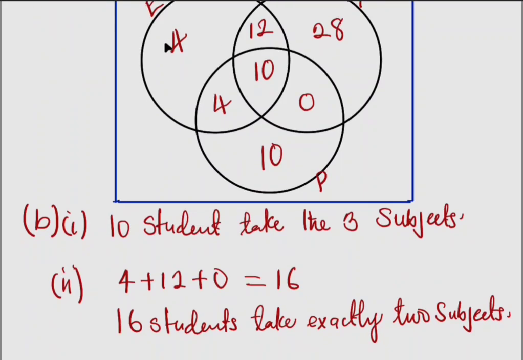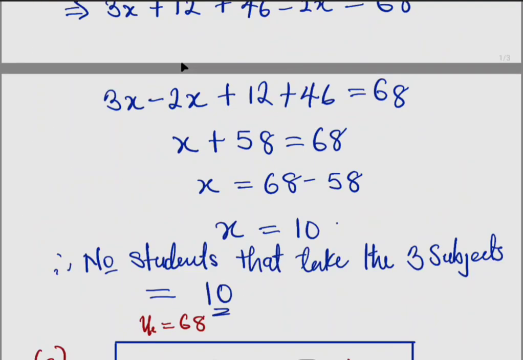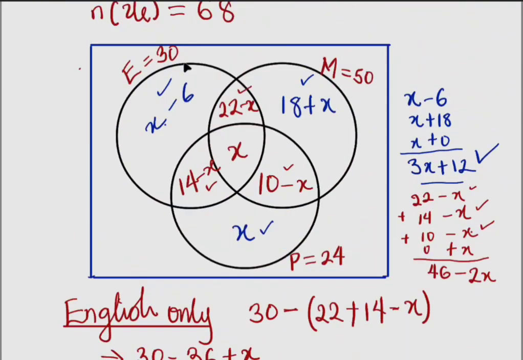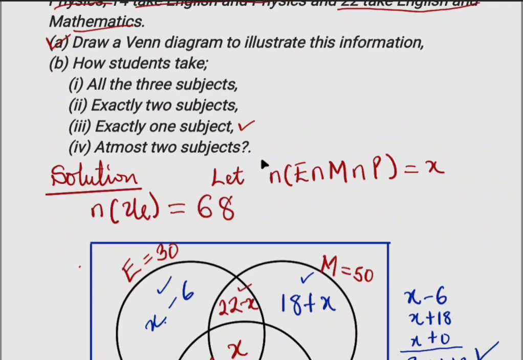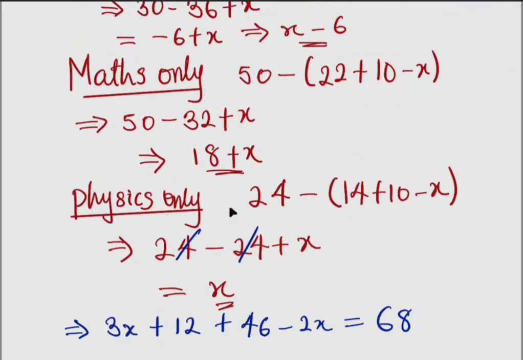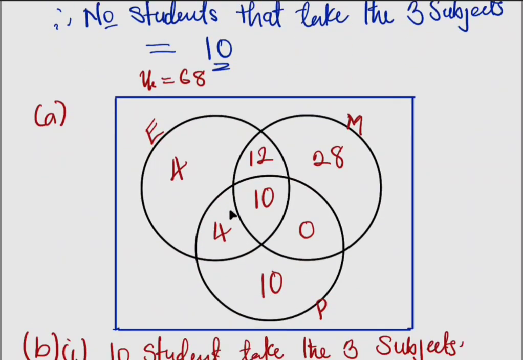So now the third question says at most 2 subjects. That is the highest number of subjects that we can have there is 2. So which means we can have 2 and 1. At most 2 subjects, 2 and 1.